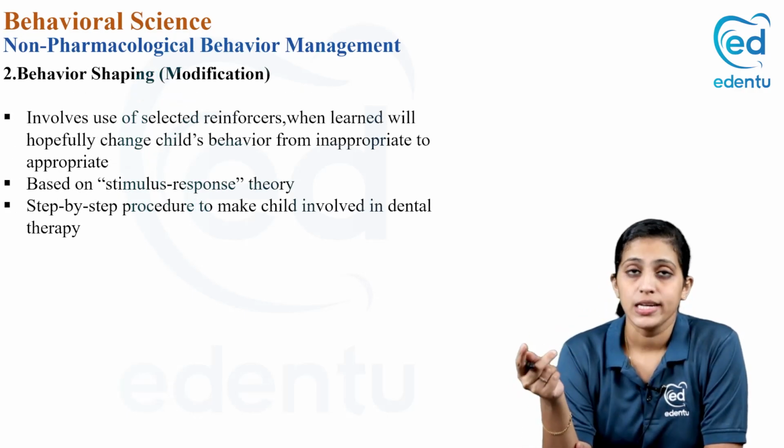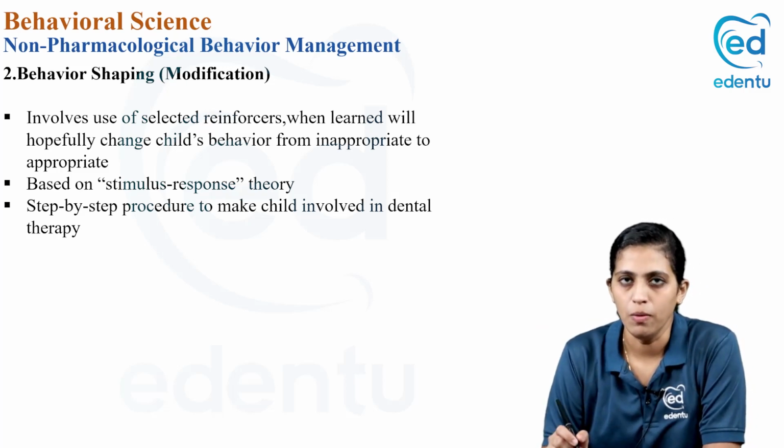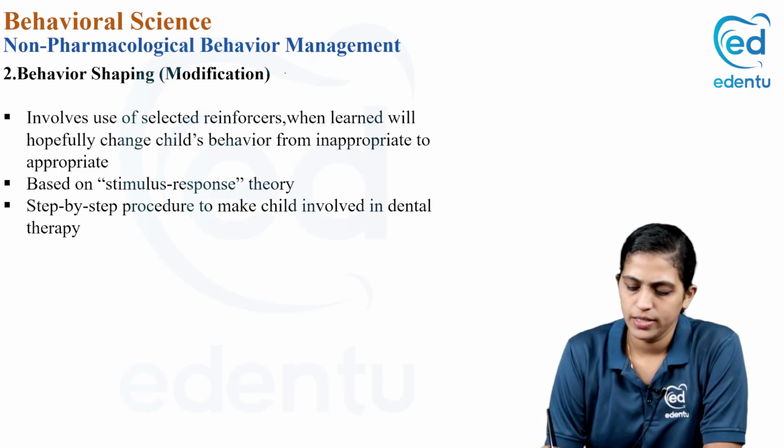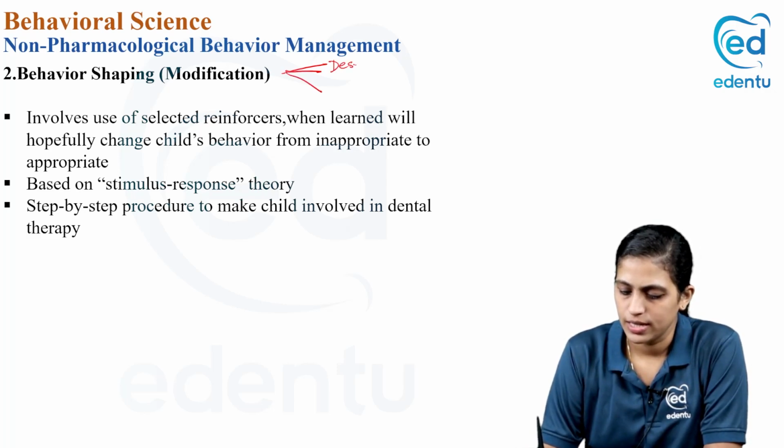Now into the second type of non-pharmacological behavior management, that is behavior shaping or modification. Under this come three: first is desensitization, next is modeling, and last is contingency management.